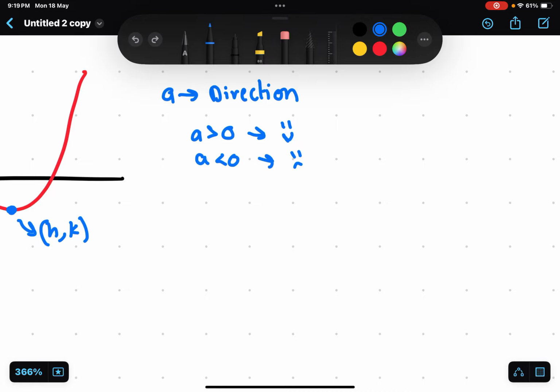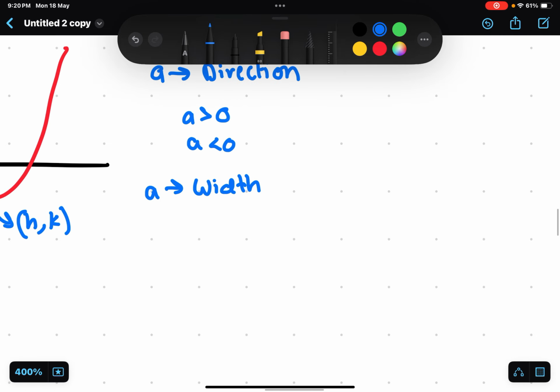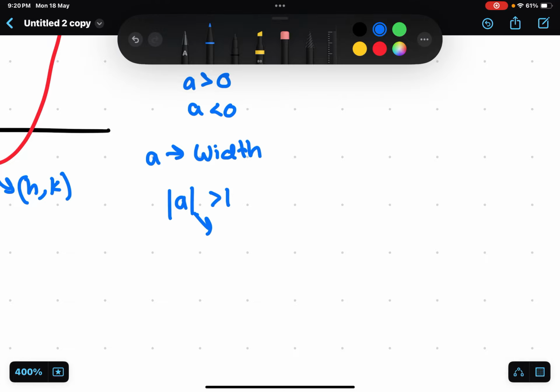Now that we know a controls direction, we should also look at what else a controls. A also controls the width of the parabola. So if, for example, the absolute value of a is greater than 1, these lines represent the absolute value.